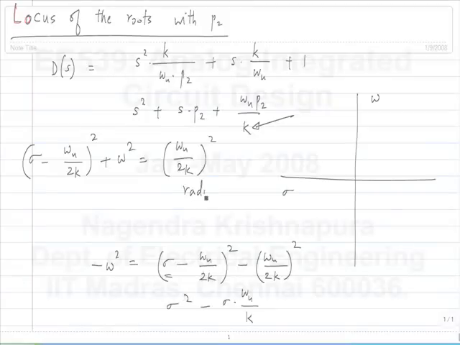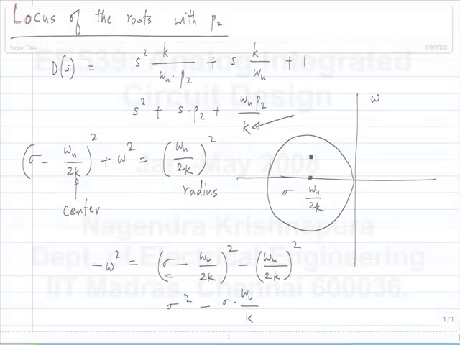So this is the radius, omega u by 2k, and this is the center. Okay, that is its offset along the sigma axis, and the imaginary part is 0, right? And it describes a circle which has a radius equal to the offset, so the circle goes through the origin. Okay.